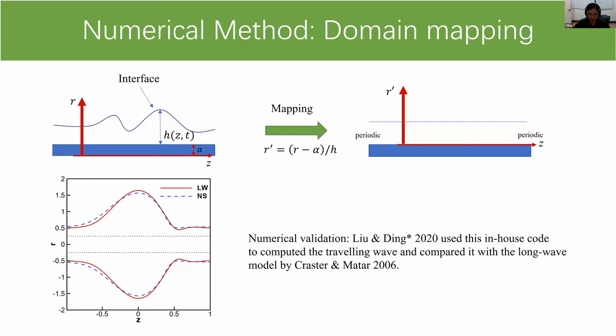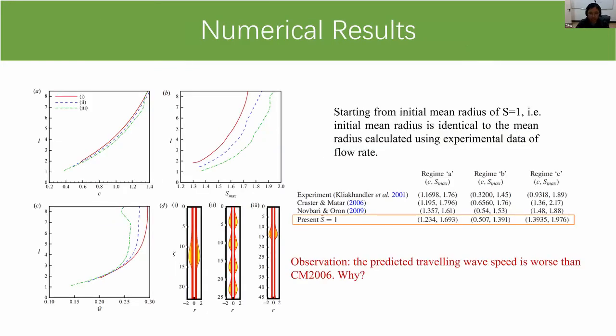We just use our in-house code to investigate the classical problem. Actually, the cylinder is not rotating. The first step is to follow the previous studies and check how the streamwise diffusion effect and the inertial effect influence the result. So we set the initial mean radius of the film to be 1.